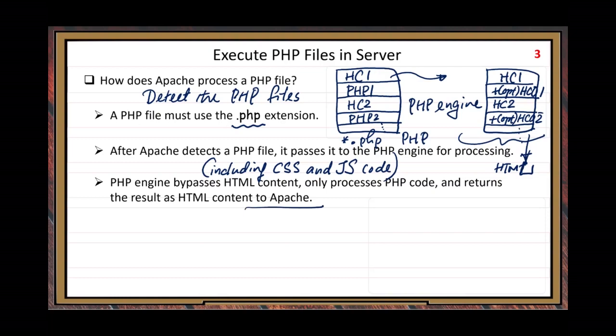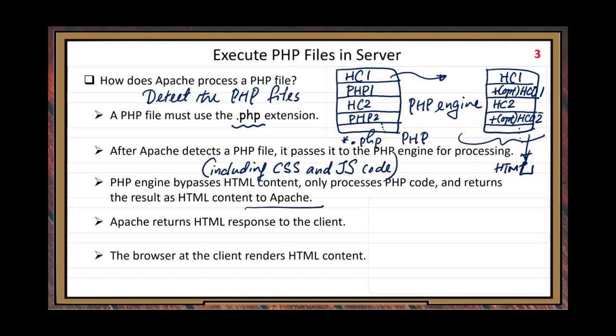It is sent to Apache, and Apache sends it back to the client side web browser. So Apache returns an HTML response to the client, and the browser on the client renders the HTML content. It could contain CSS plus JavaScript.